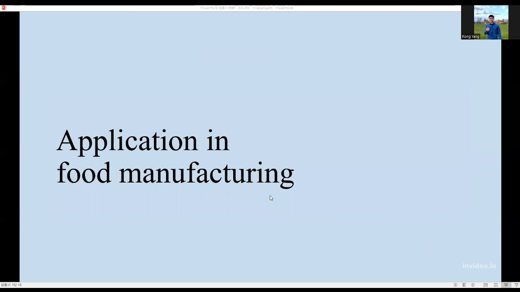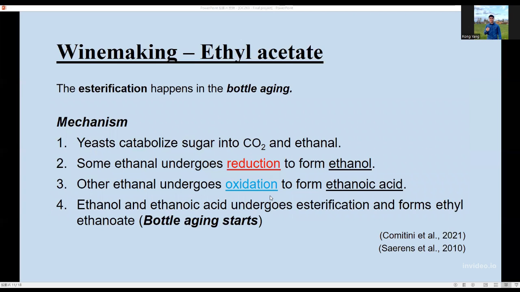Let's talk about the application of esters in food manufacturing. Ethyl acetate in winemaking. The esterification happens in the bottle aging process, but before that, we have to gain alcohol and carboxylic acid to do esterification. So first, yeast consumes sugar into carbon dioxide and ethanol.